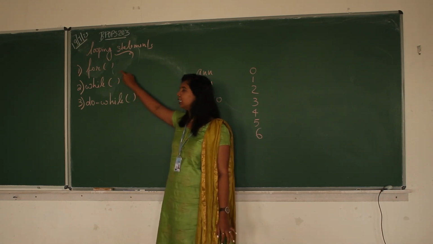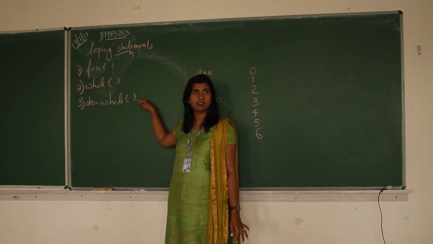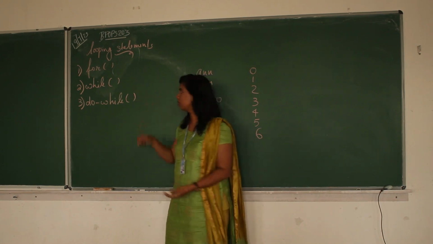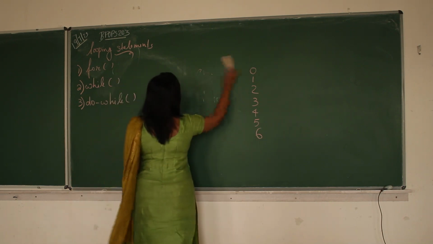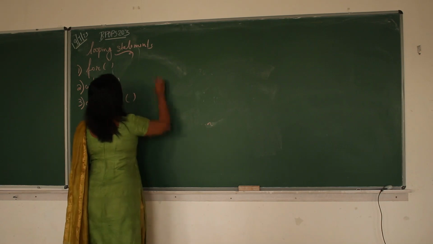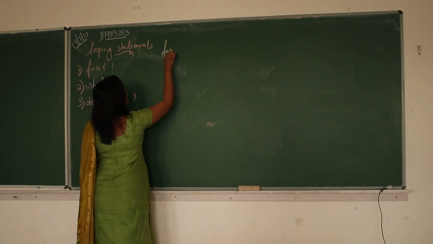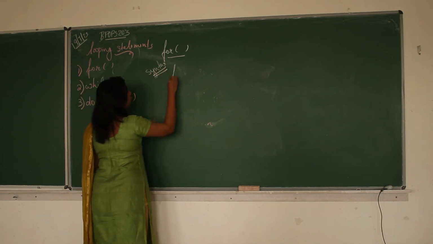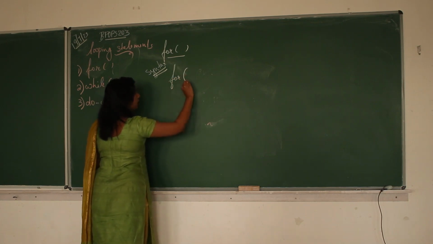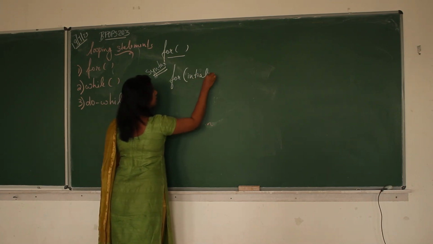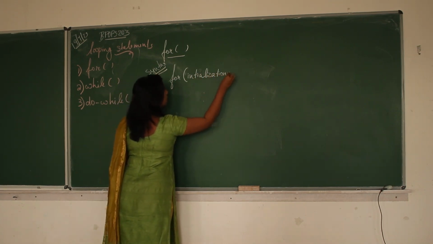Now we will learn each looping statement with its syntax, and where we are particularly using each one. First one, for. Syntax: for, open the bracket, then initialization, semicolon.